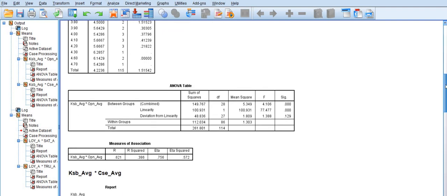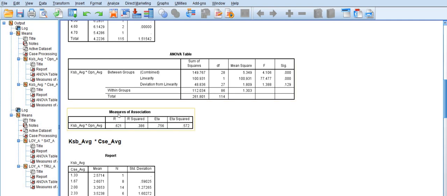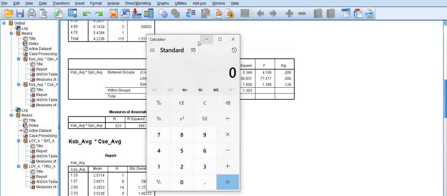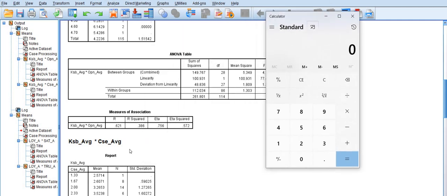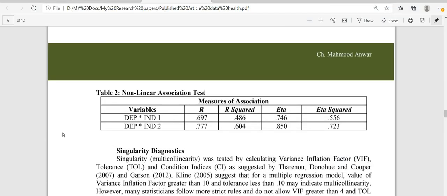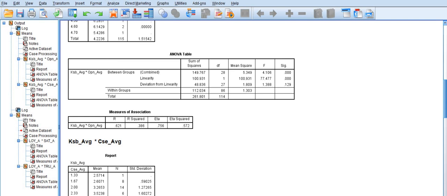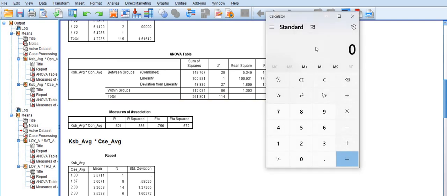Here, when I ran the means procedure, you will find the measures of association. Here you will see R, the correlation coefficient between these two variables, 0.621. I'll run the calculator here for ease. And eta, the non-linear association coefficient, is 0.756. So you will check the difference between the two coefficients.